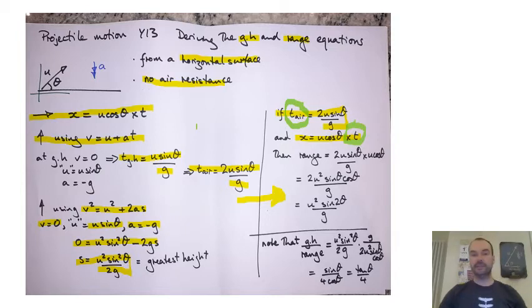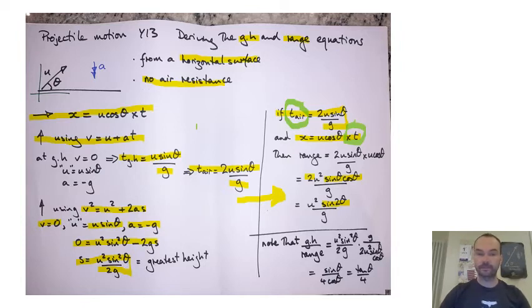And we get this for the range, 2u sine theta times u cos theta all over g. Okay, which is a good result in itself, but look at this bad boy. 2 sine theta cos theta is sine 2 theta. So we've got two expressions there for the range. The range, how far it travels horizontally before it lands in the same place.